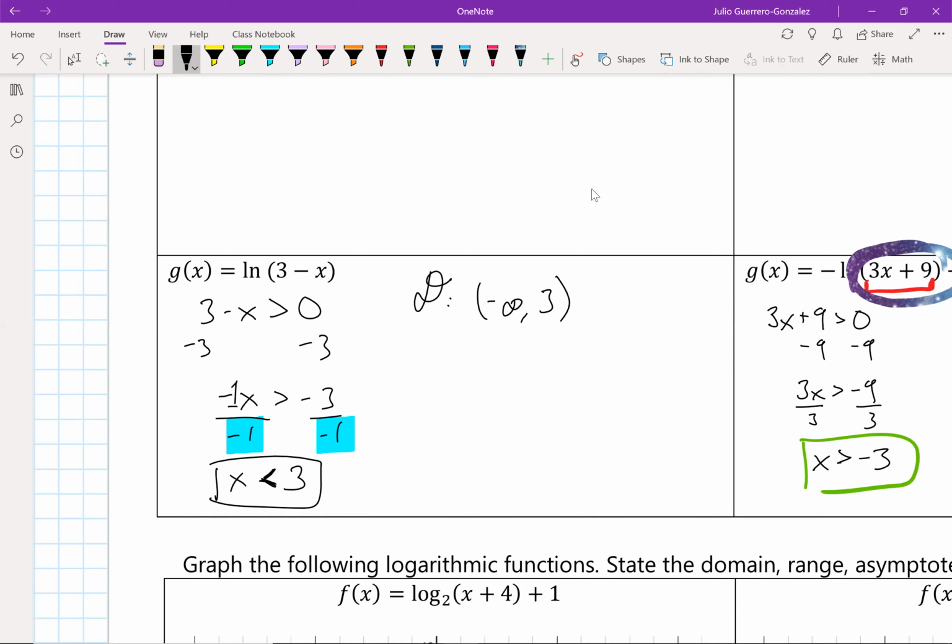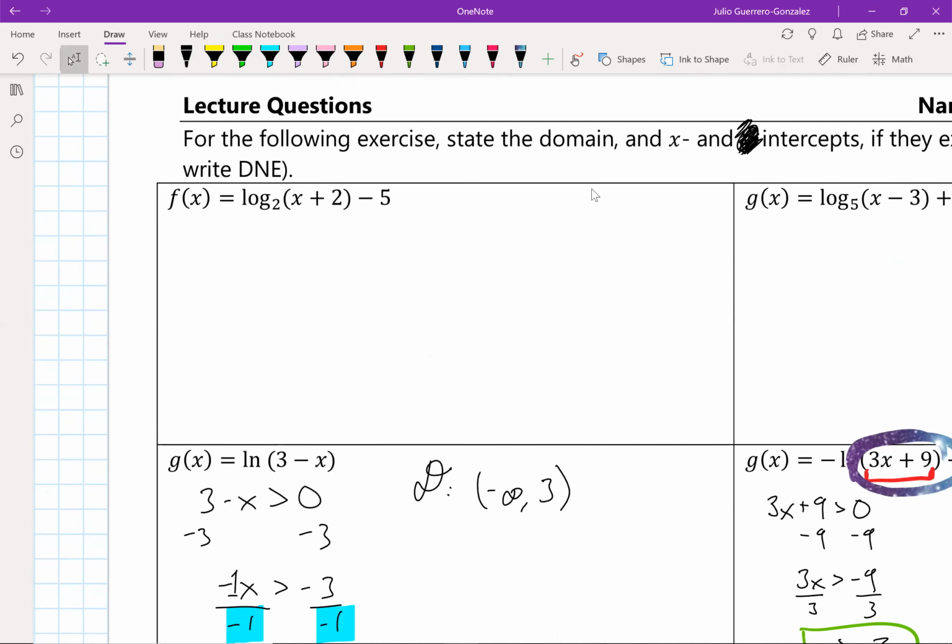Got it? And the second part is the one I'm stuck on. Which one? Finding the intercept. Isn't the intercept -3/1?